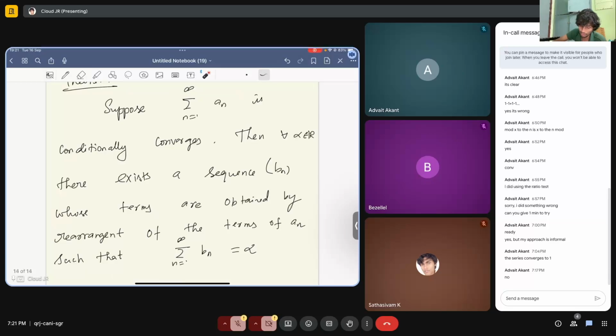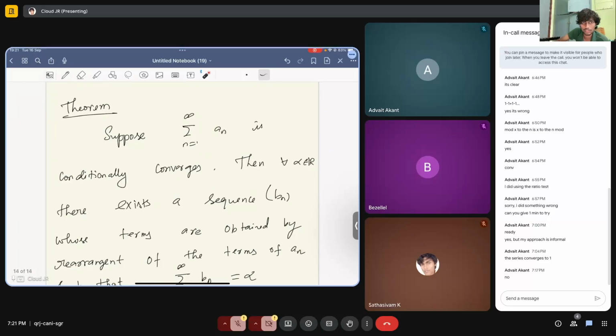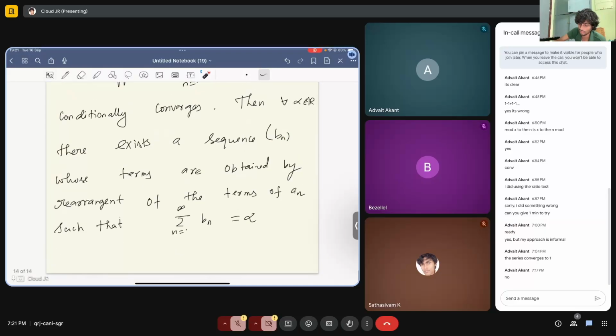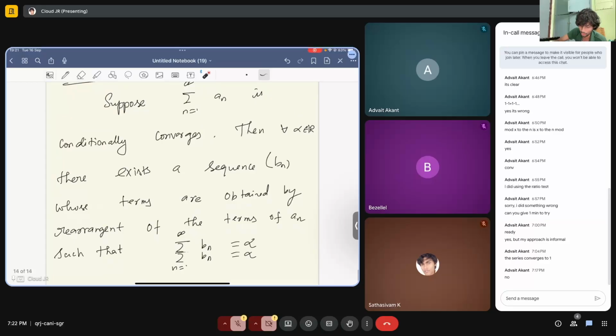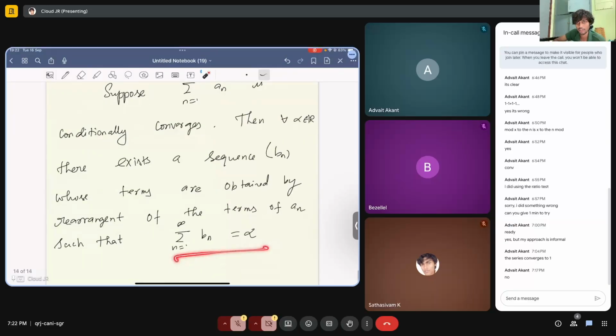But if you have a conditionally convergent series, then there is a theorem of Riemann, I think, if I'm correct. What he proves is, for whatever the real number alpha you can take, there is always a rearrangement of the terms of your series such that the series of that rearrangement goes to alpha.